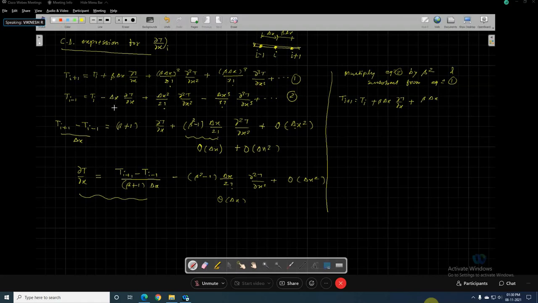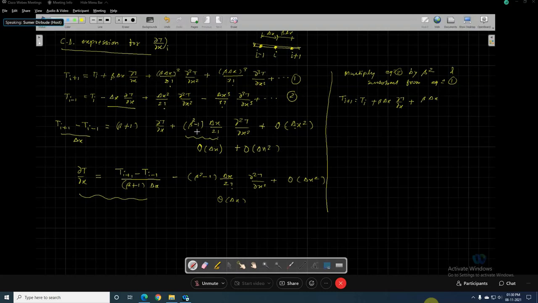Yes, sir. But we have that plus beta square minus 1 into delta x by 2 factorial term. Where, sir? The second line, sir. The third line. Here we have a summation of other terms also, no, sir. Yes, a summation of this term I have added here.